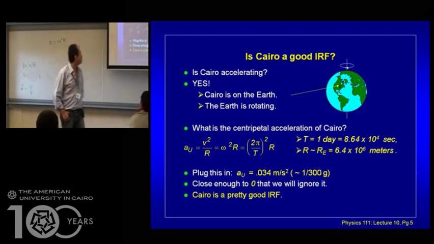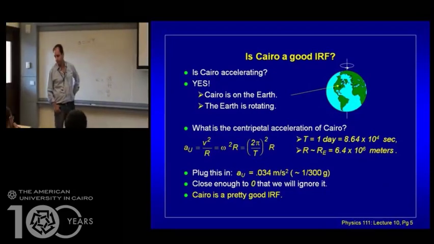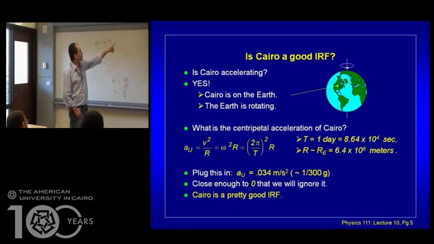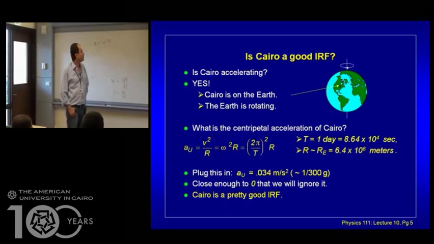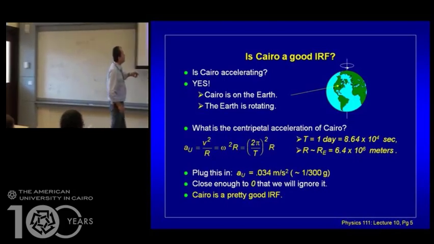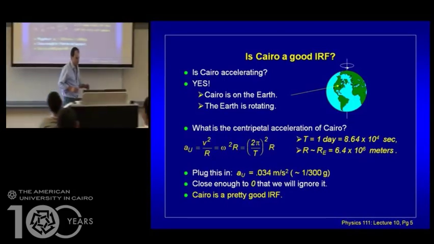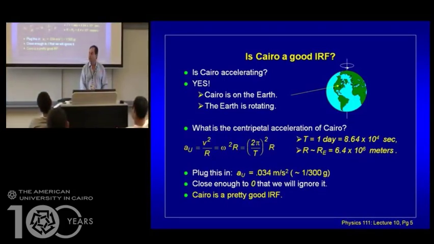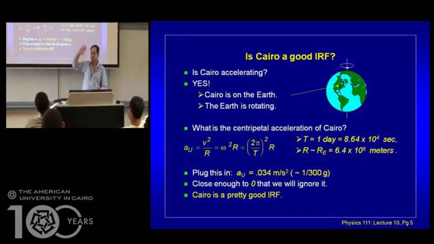Focus. Let's find out. We know that Earth rotates, and actually it spins around itself one time every 24 hours. So it goes a distance equal to 2π times its radius, rotating around its center.